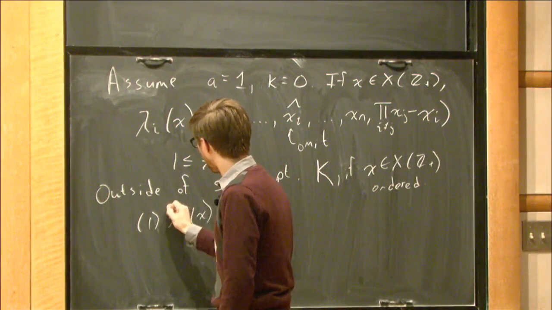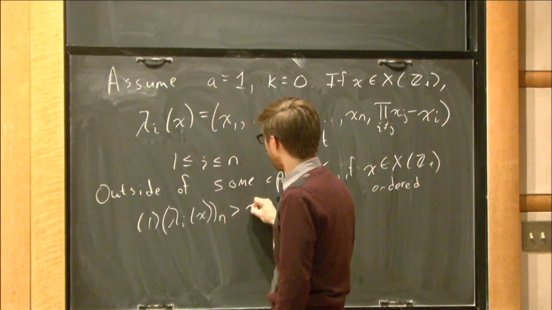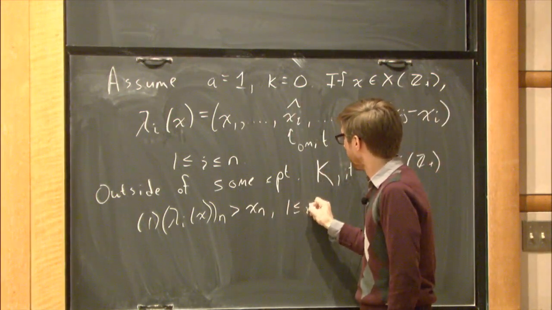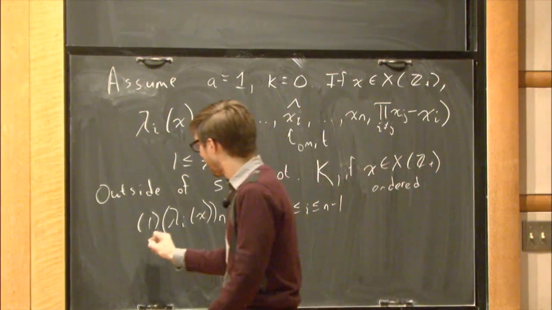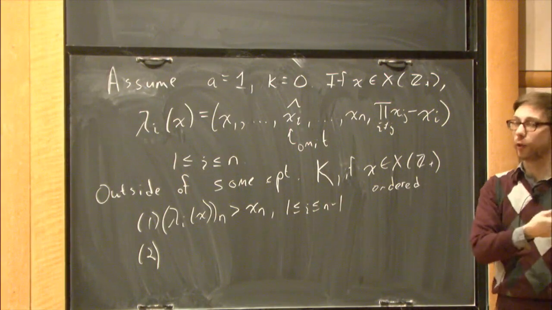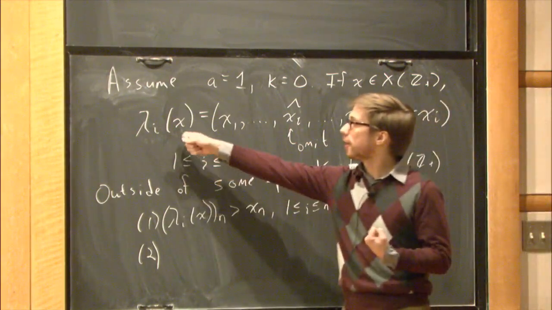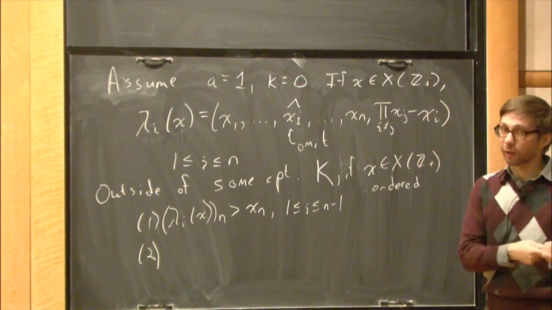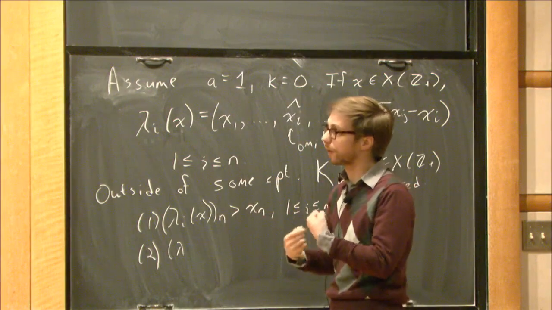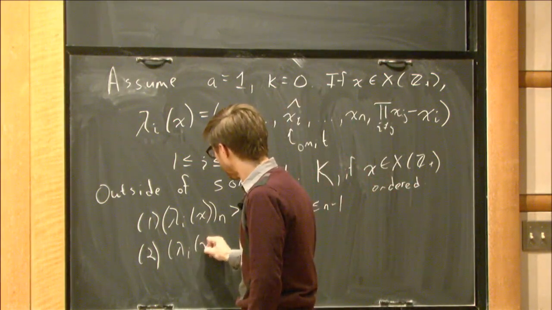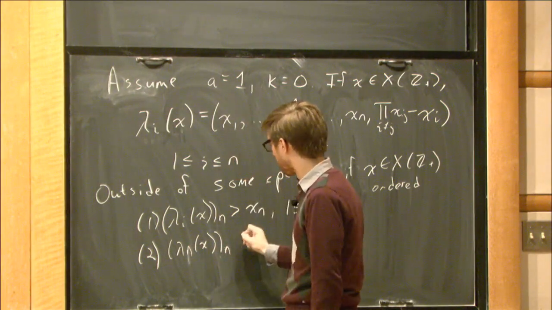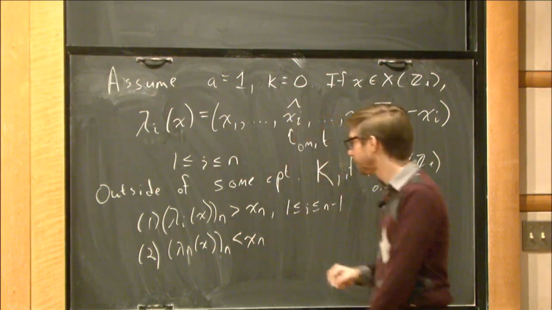So the nth coordinate of lambda i of x is larger than the nth coordinate of x, for i between 1 and n minus 1. The nth map goes in the other direction. The nth lambda is going to decrease the largest entry. That corresponds to going backwards on that tree that we saw earlier in the Markov case. So the nth coordinate of lambda n of x is less than xn.